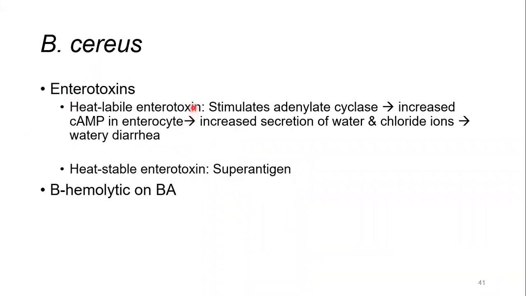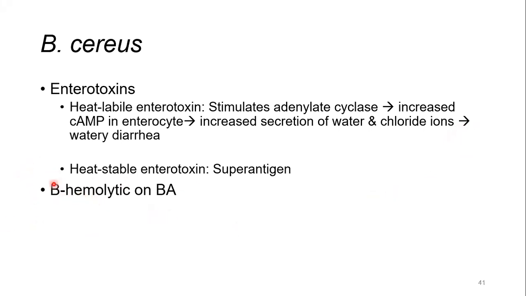For the heat labile enterotoxin, it seems to have an action similar to that of Vibrio cholera, which you've not done, where it stimulates the enzyme adenylate cyclase, which increases the production of cyclic AMP within the enterocyte, leading to an increased secretion of water and chloride ions and leading to massive watery diarrhea.